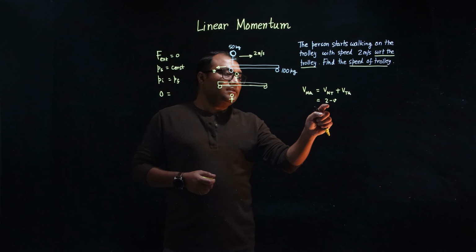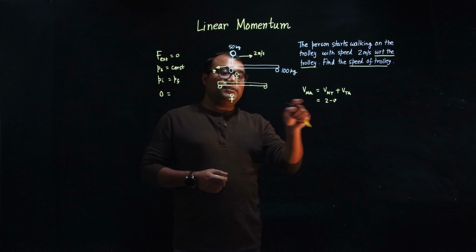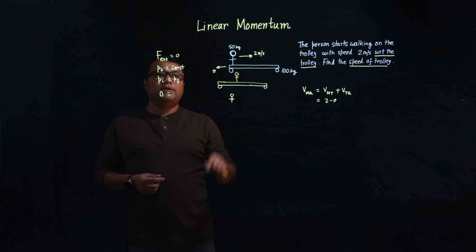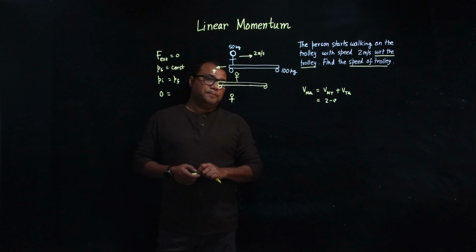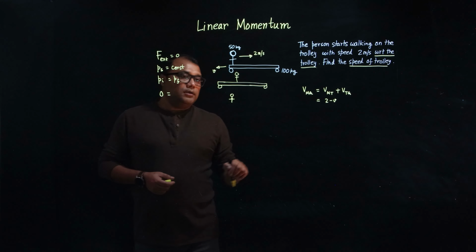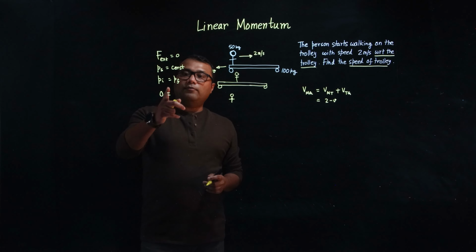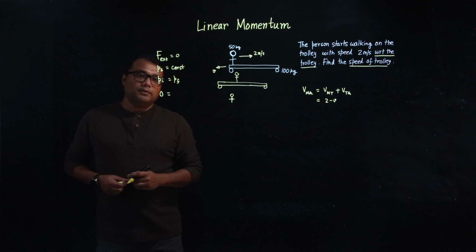That's the reason his relative speed with respect to ground appears to be smaller than his speed with respect to the trolley. All right. So now let's look at forming our equation here.